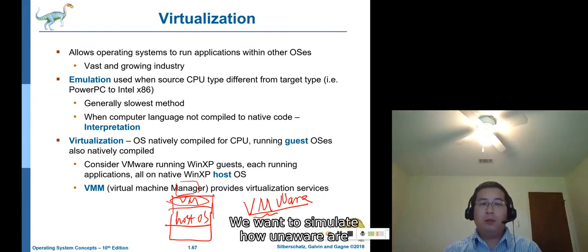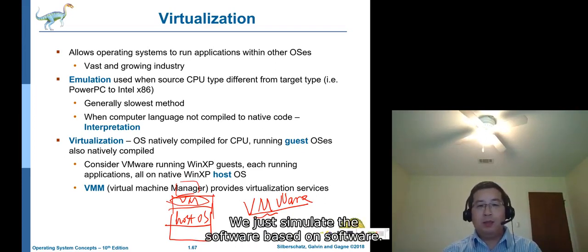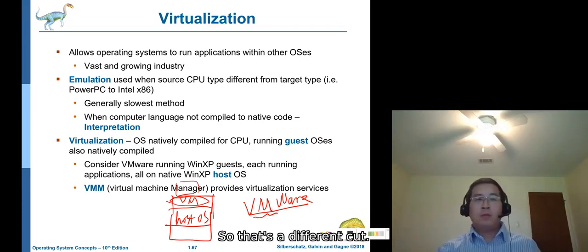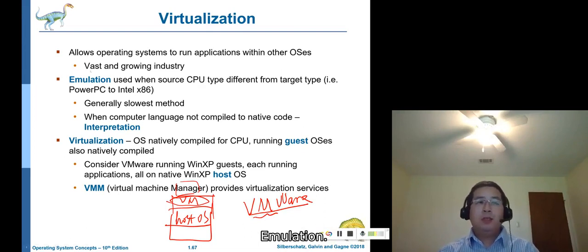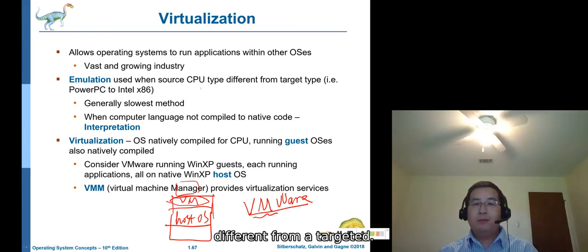Emulation simulates hardware based on software. But virtualization simulates software based on software, so we just simulate the operating system environment. That's different. Emulation is used when the source CPU type is different from the target type.